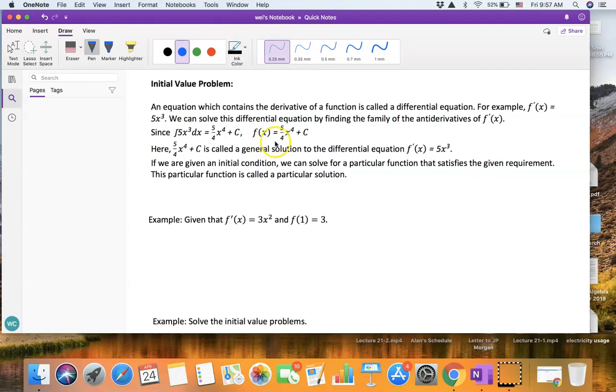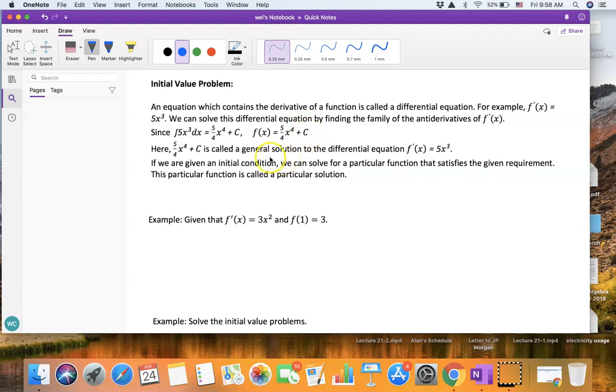Now here, this solution, we call it a general solution. Why is it a general solution? Because in this solution there is a c which we don't know. We don't know specifically what this number is, because c represents a constant, but we don't know what specifically this constant is.